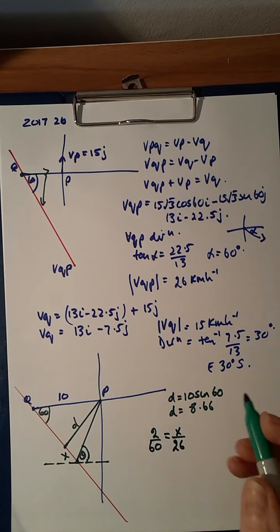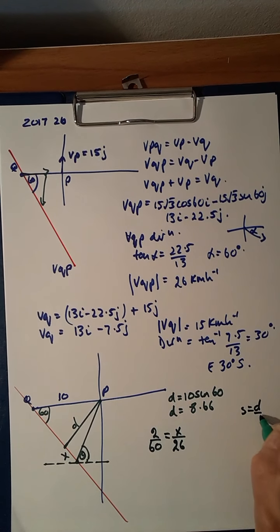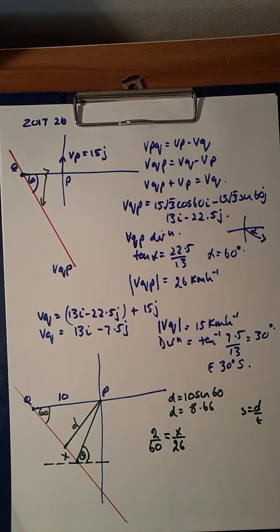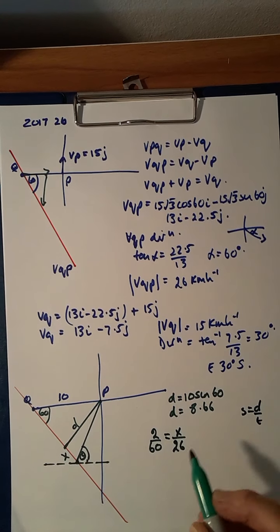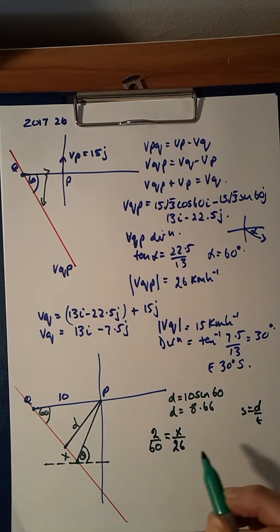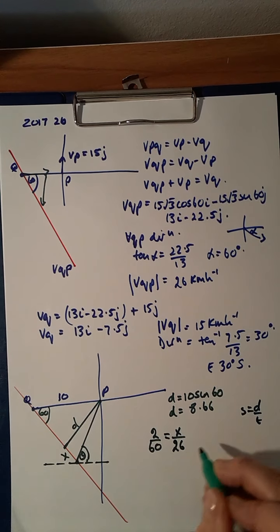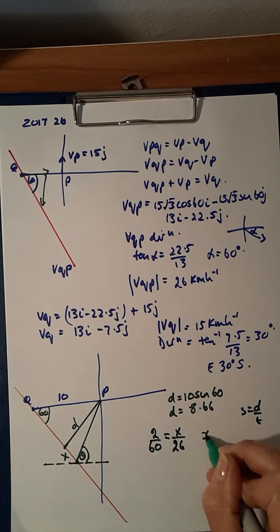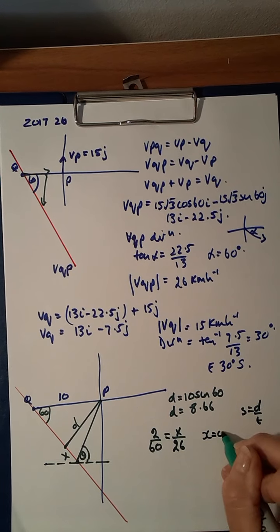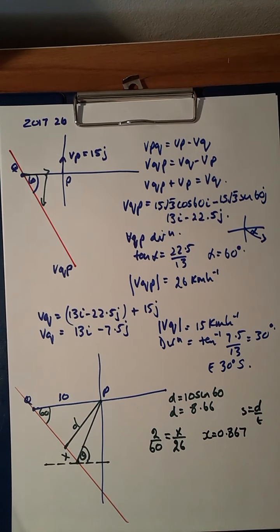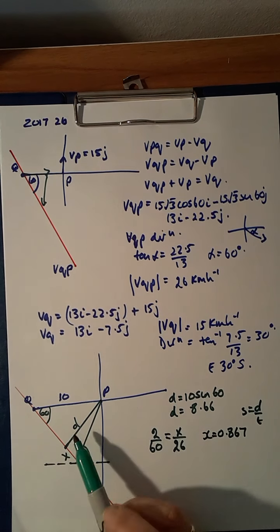So this is time, so I'm using the speed equals distance over time link. So time is equal to distance over speed. So the distance that you've travelled is x at that relative speed. And when you fit 2 over 60, because it's 2 minutes and everything's in kilometres per hour, you get x to be 0.867.